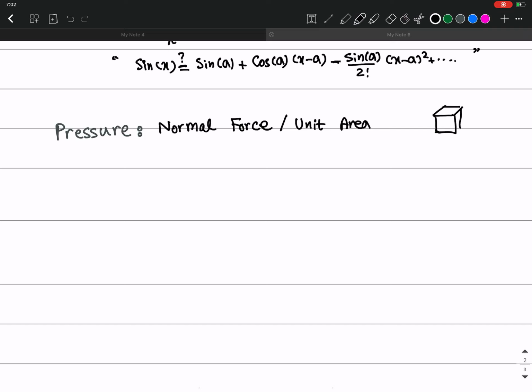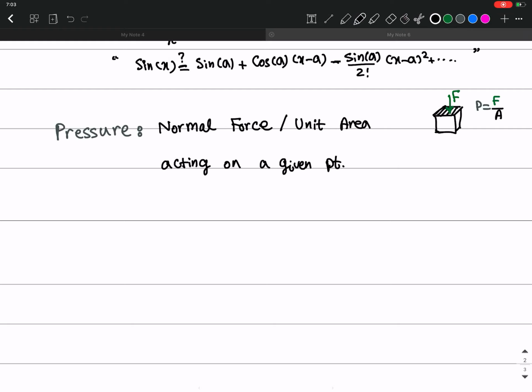So, for example, over this area, you have this normal force. So pressure is going to be F over A, unit area, acting on a given point. So this is also important, acting on a given point. This is going to be the pressure at that point. Okay? So this is the definition of pressure.